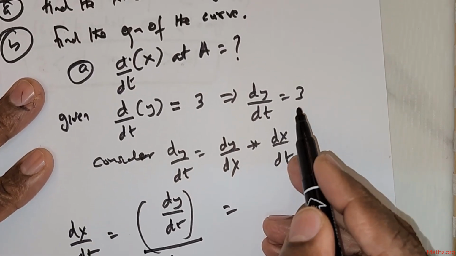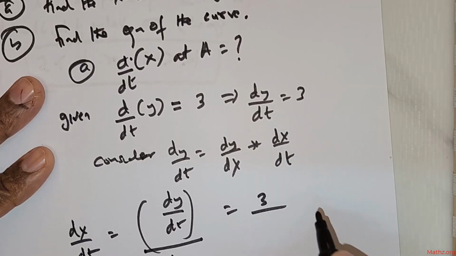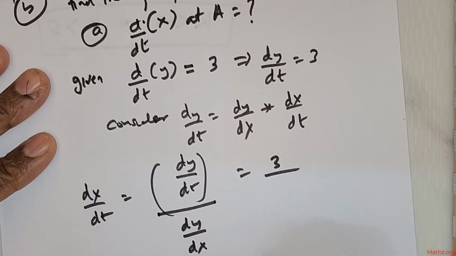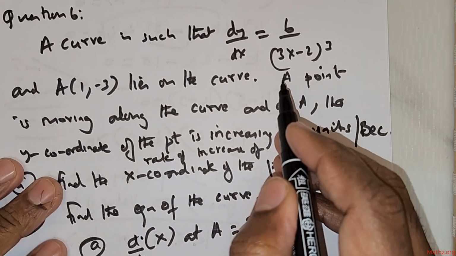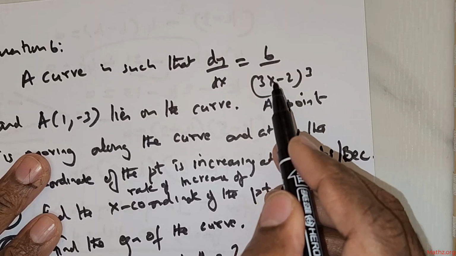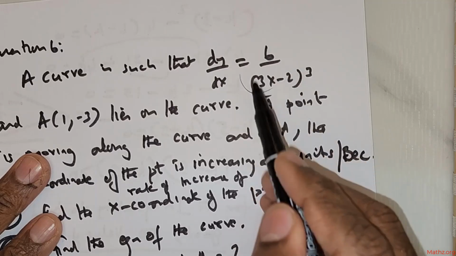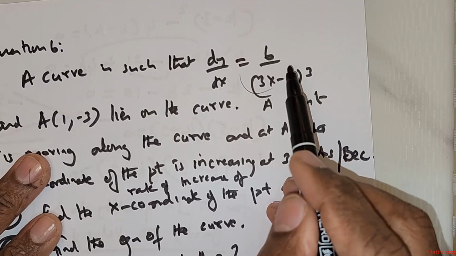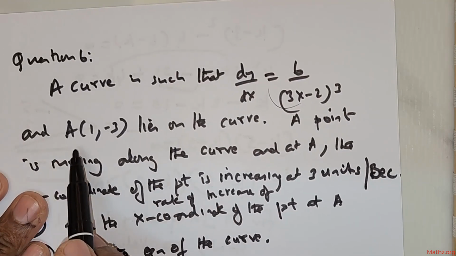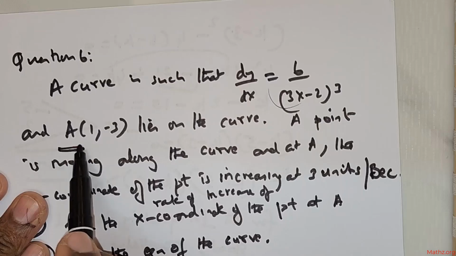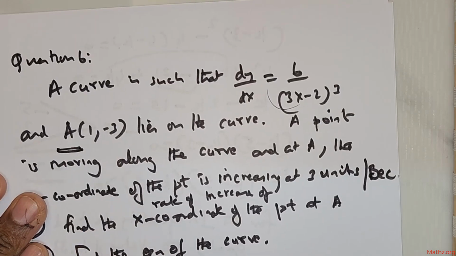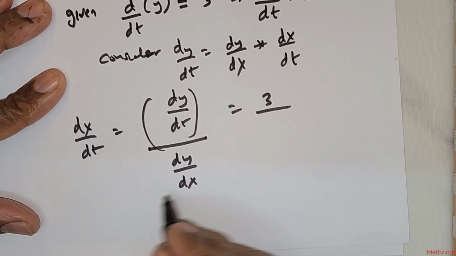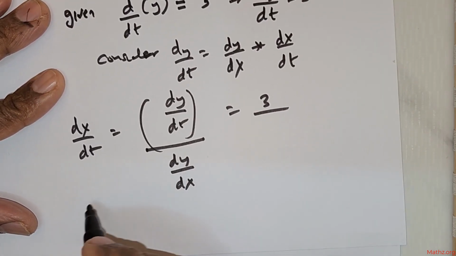Now dy over dt is given as 3 units, and dy over dx we need to get from the given expression. The point A is represented by the coordinate (1, -3).